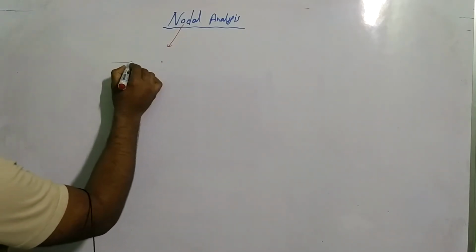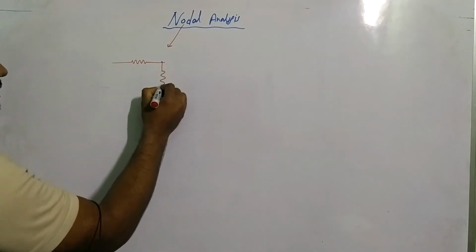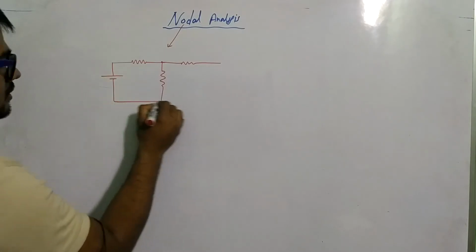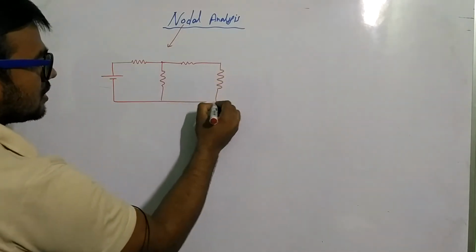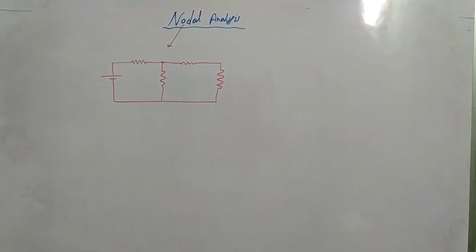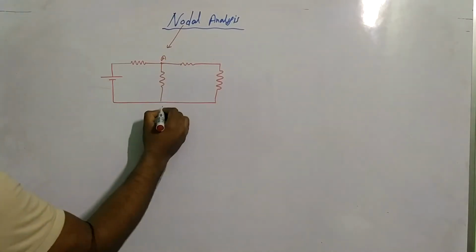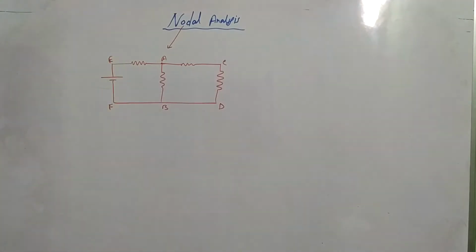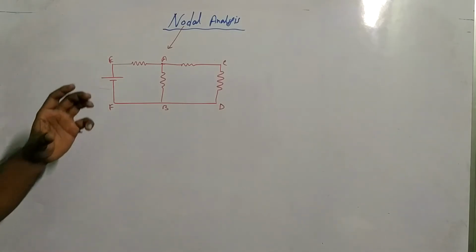Suppose this is a circuit. Here I'm seeing some points: A, B, C, D, E, F. So what is the node here?